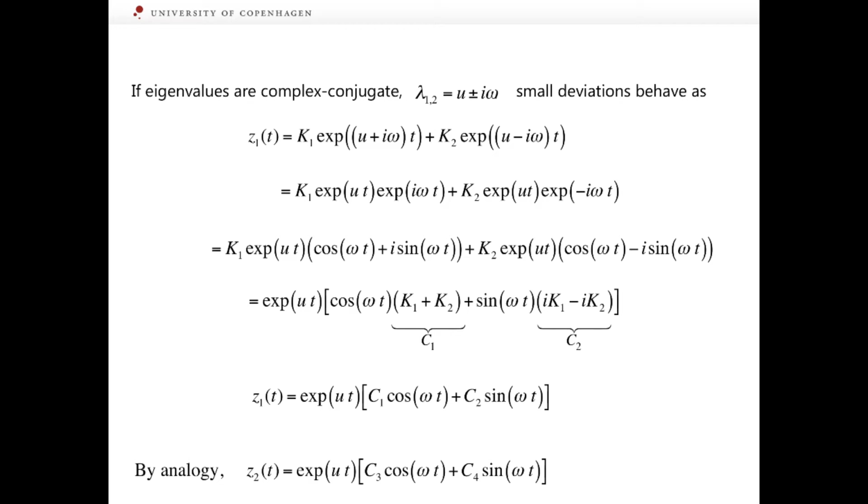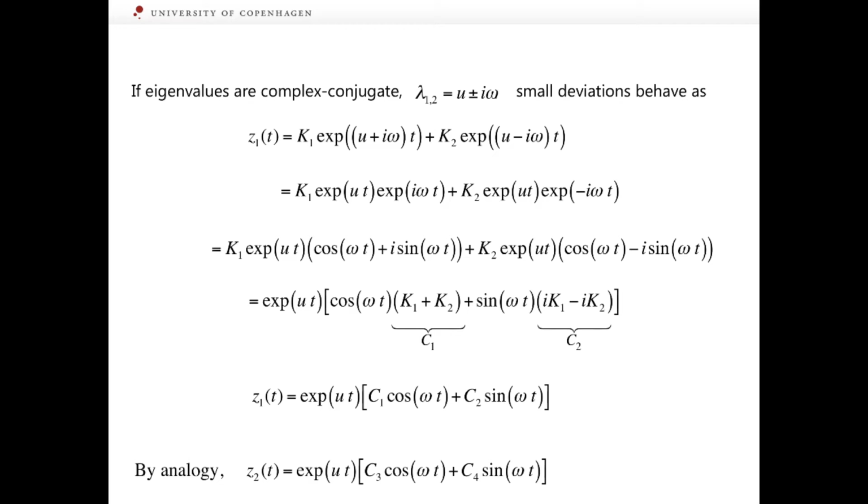And if the eigenvalues, for example, are complex conjugate, the phase trajectory will fluctuate, will oscillate with a certain frequency around the fixed point. And depending on the value of the real part of the eigenvalue, the phase trajectory will either go away from the fixed point if the real part is positive, or it will approach the fixed point if the real part is negative.